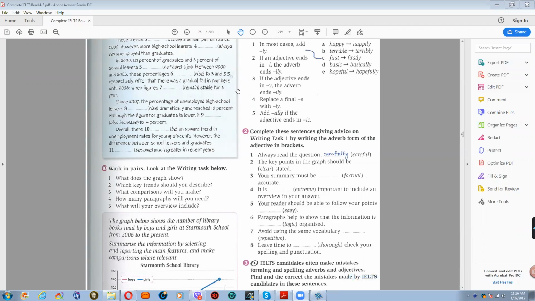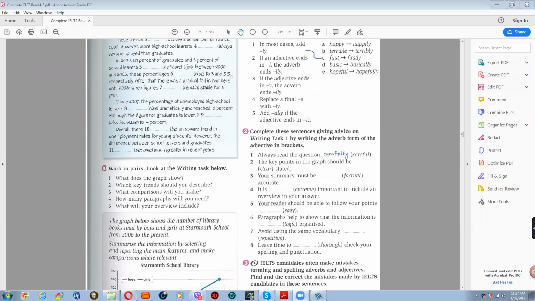Right, using these rules, we have to fix the word in brackets to fit the sentence. Yes, got it. Number 2. The key points in the graph should be clearly stated.